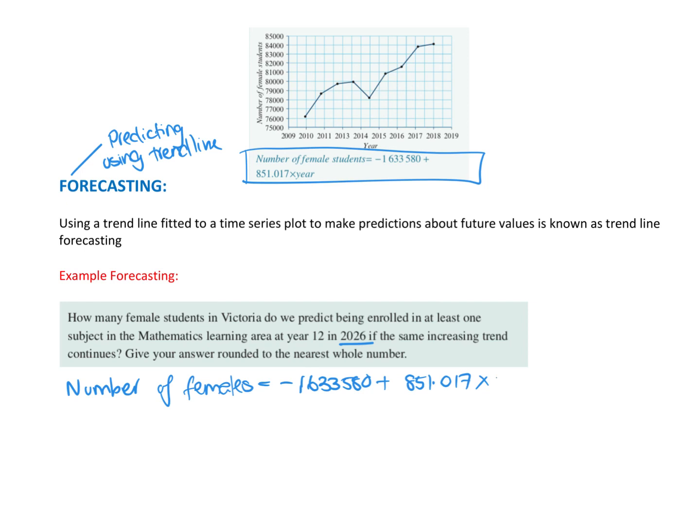They showed that a year was a year, so I just put 2026 in there, and I end up with 90,580 female students predicted. I rounded to the nearest whole number. Make sure you're reading all that, otherwise you're not going to get a mark. There's no half marks. You just lose it.